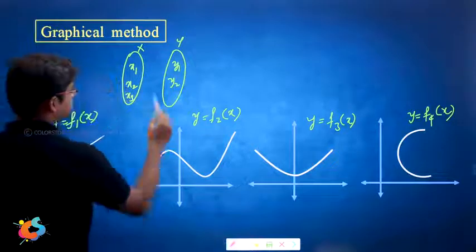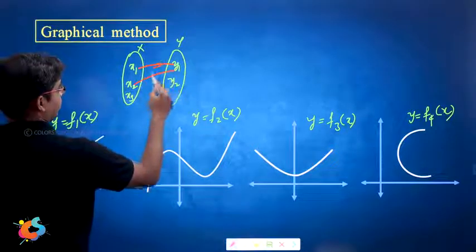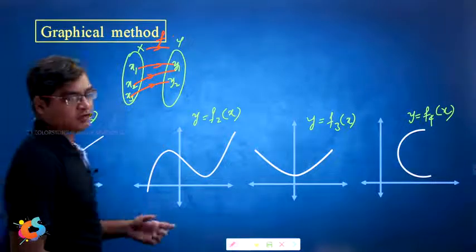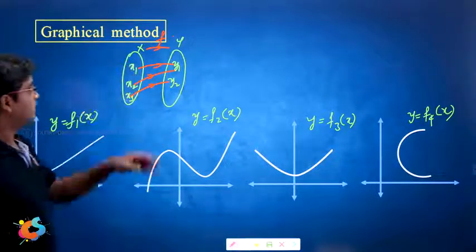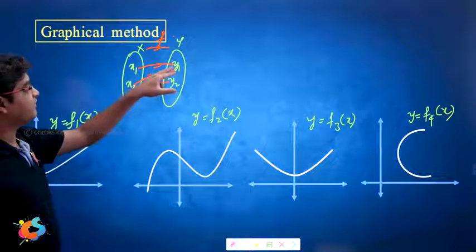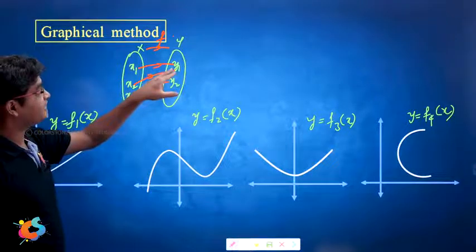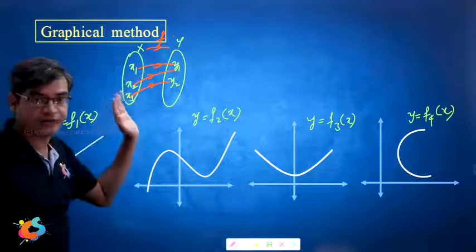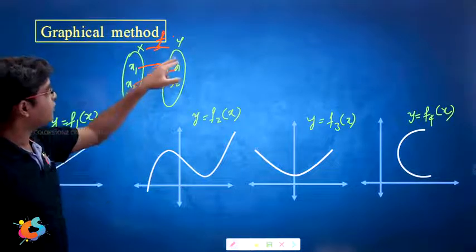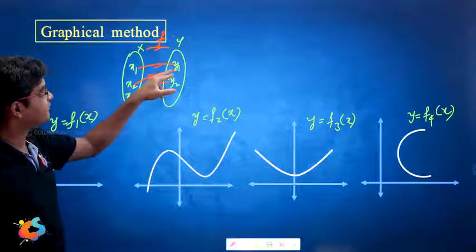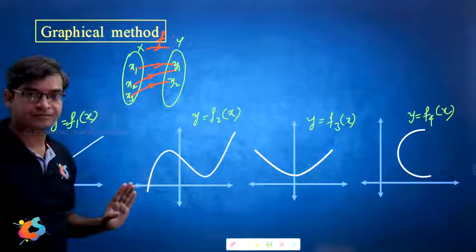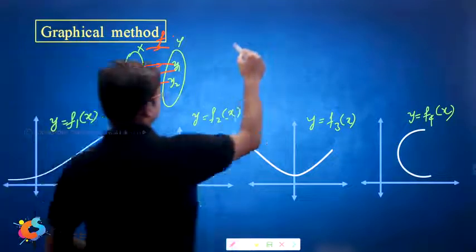If the mapping is like this, then we said that this function is a many-one function, because for this y1, there is more than one arrow landing on it. So if you are seeing from the y1's perspective, there is more than one x coordinate, right?